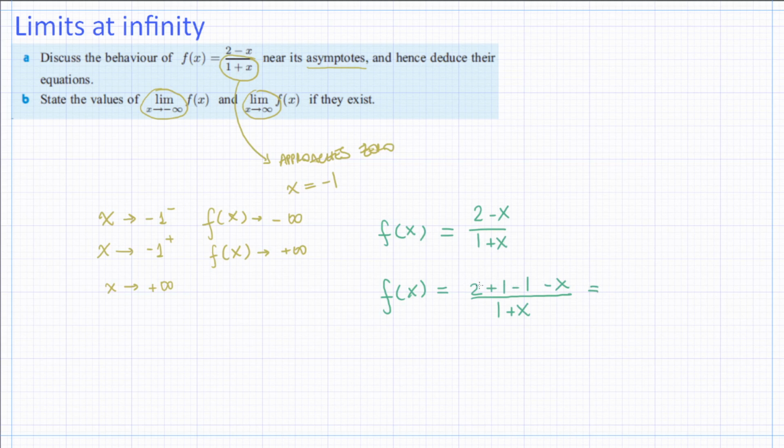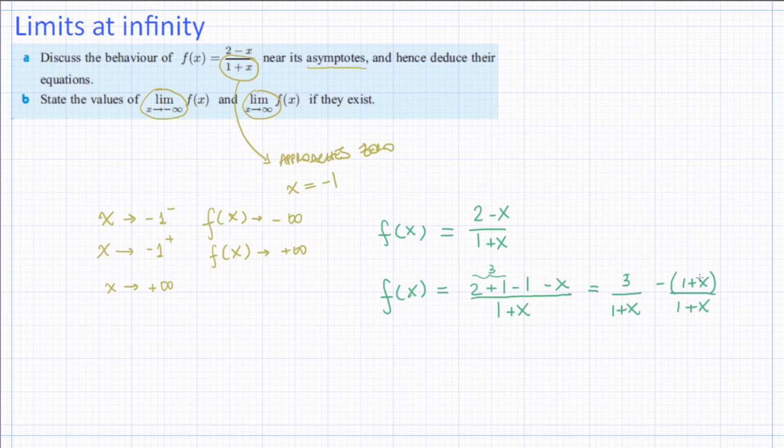So I can do 2 plus 1, that's 3, over 1 plus x, minus (1 plus x) over (1 plus x). Notice that I've taken both negative signs up front and I've written everything as positive.